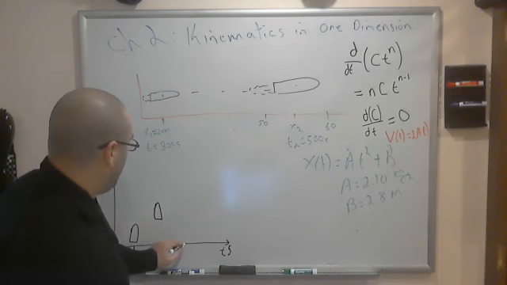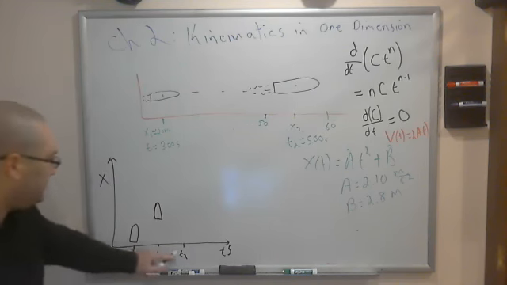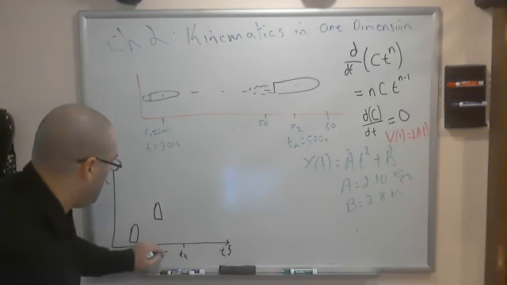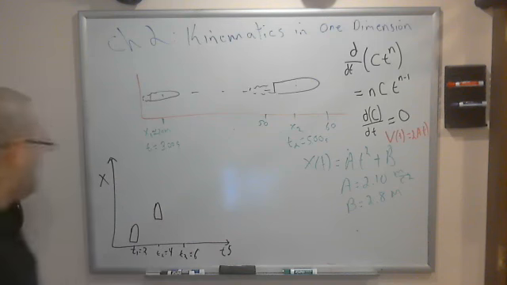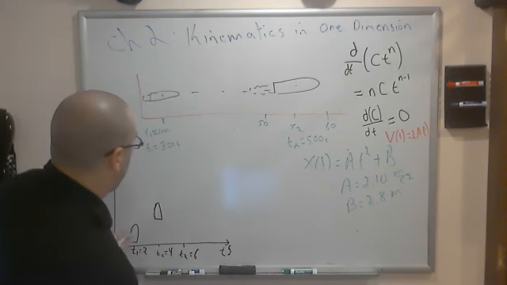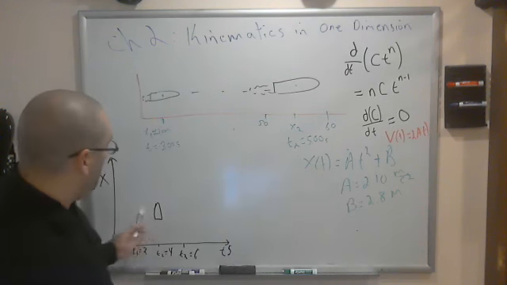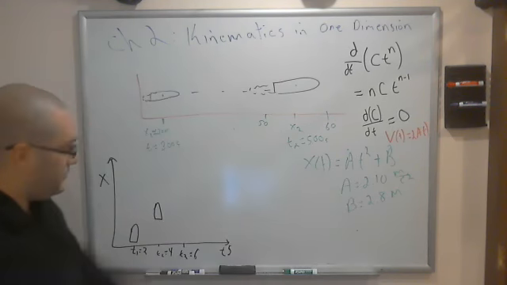And then you have to realize it's under a constant acceleration. So if these are equally spaced, let's say they are 2, 4, 6. Then between 4 and 6 seconds, it will travel roughly 4 times faster.